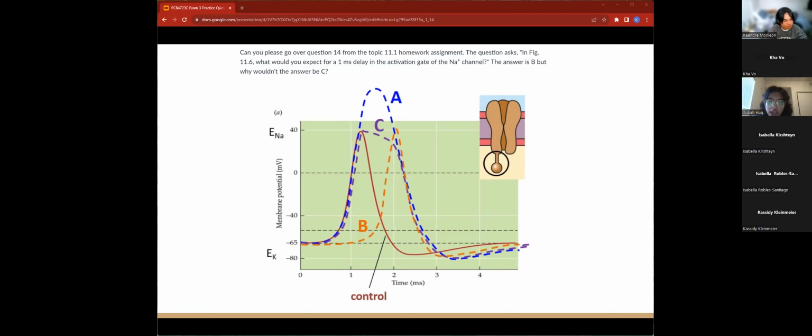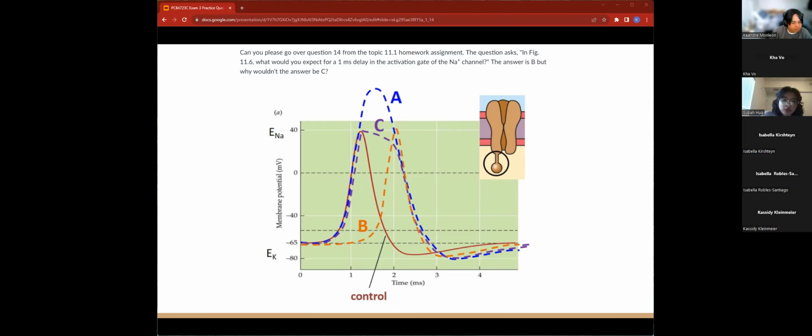And so if there's a delay in the activation gate, it's going to take a lot longer for the potential to depolarize, because depolarization occurs when sodium starts flowing into the cell, which raises the potential of the membrane.